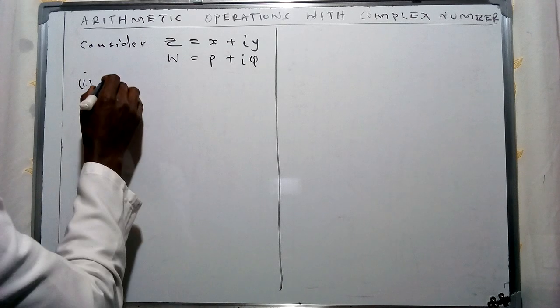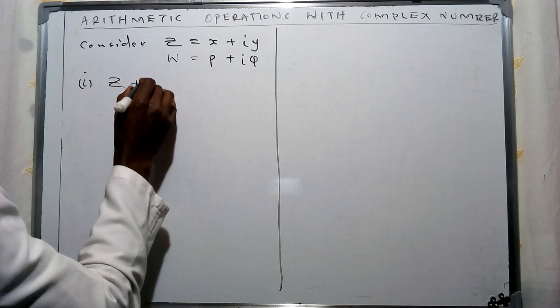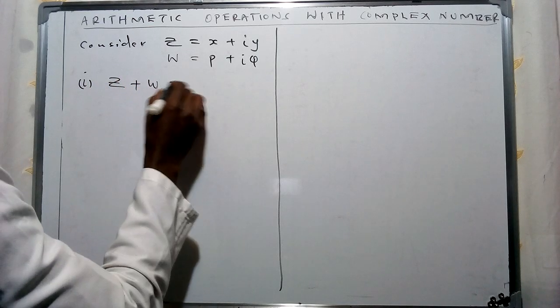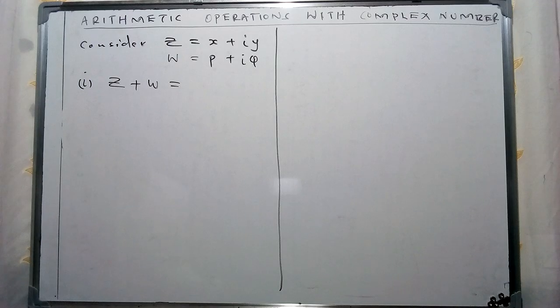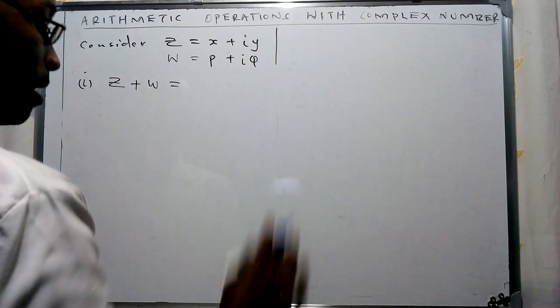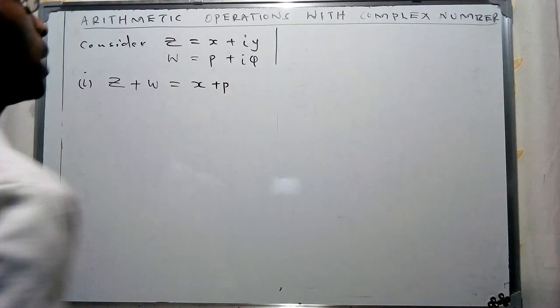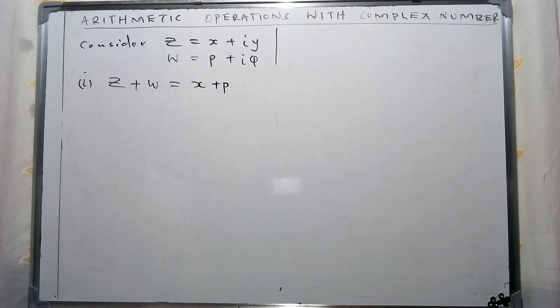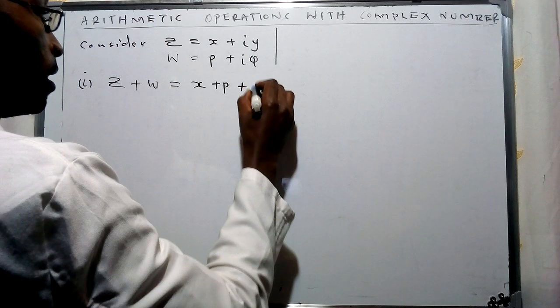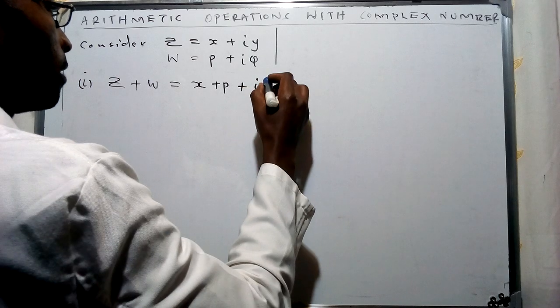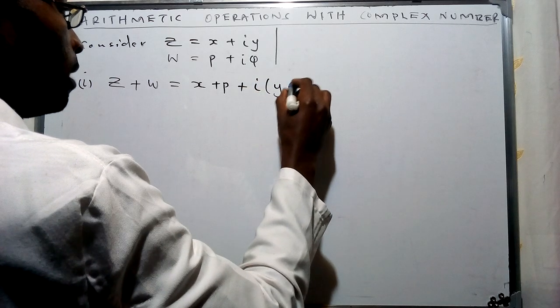For the first case, if we consider the addition of the two complex numbers, it can be given as the sum of the real parts, x plus p, together with the sum of the imaginary parts, y plus q.